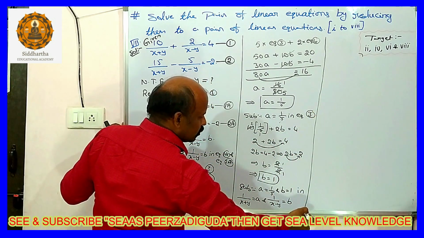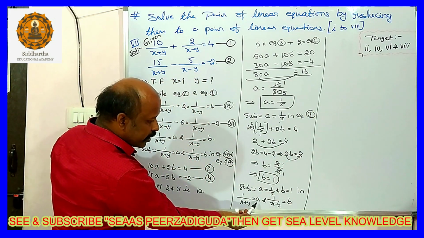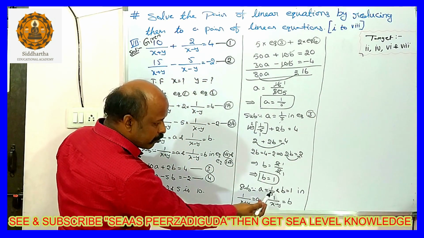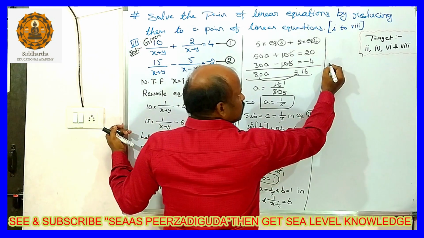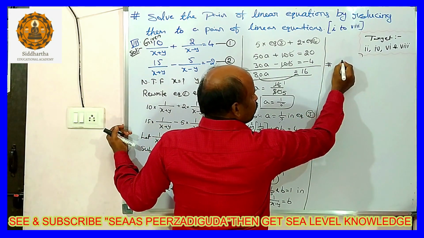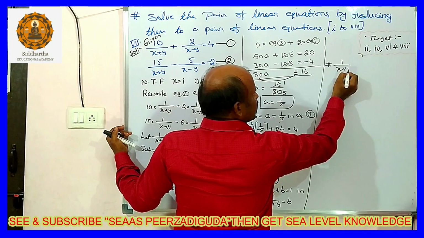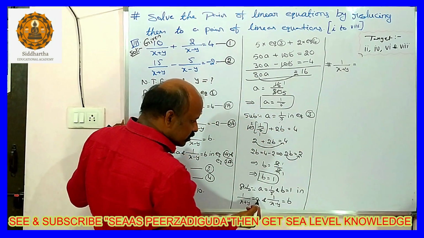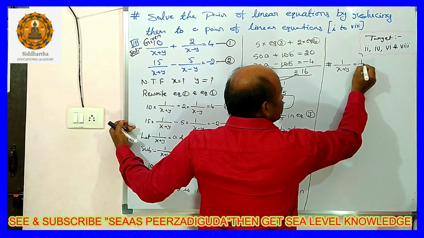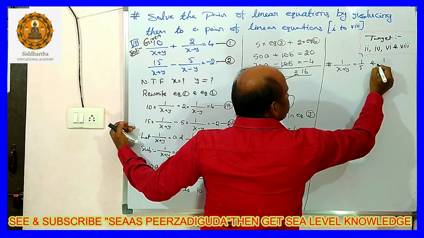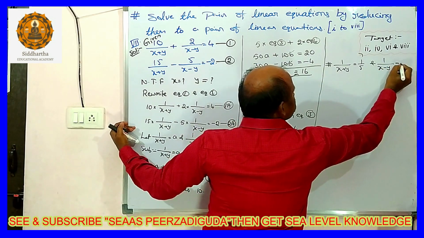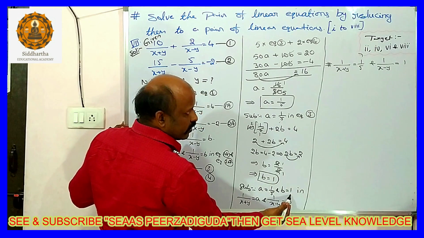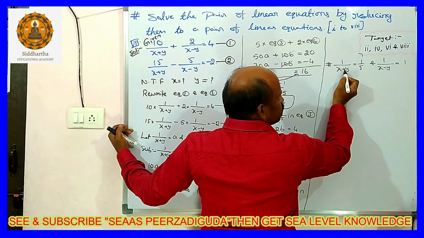So now instead of a, I am going to substitute this one. Once you see, 1 by x plus y is equal to a value is what here? 1 by 5. 1 by 5 and 1 by x minus y is equal to b. b is what here? 1. I wrote that one.